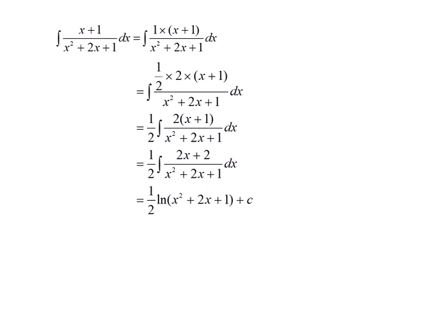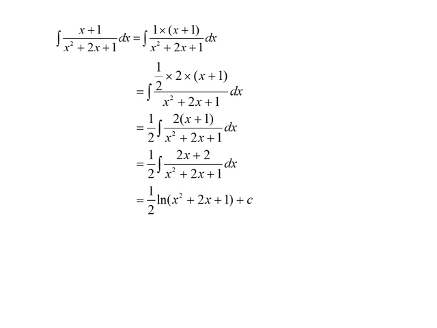Then we have our next step as half integral 2s plus 2 all over s squared plus 2s plus 1, because if we open that 2 into s plus 1, you have the value as 2s plus 2, all over s squared plus 2s plus 1 ds.